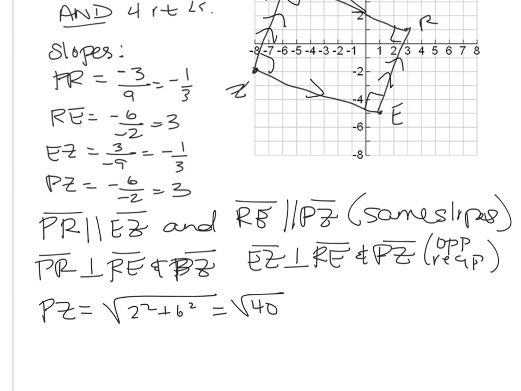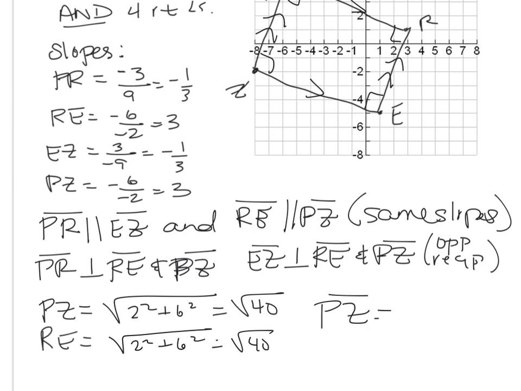We just need to see that it's the same as the distance from R to E. Okay, so the distance from R to E is 2 squared plus 6 squared, which is also the square root of 40. Okay, so PZ is congruent to RE.